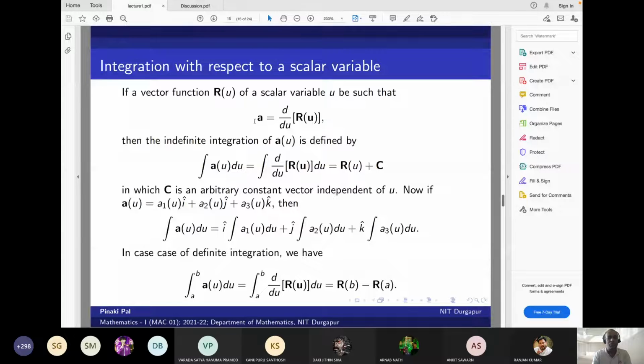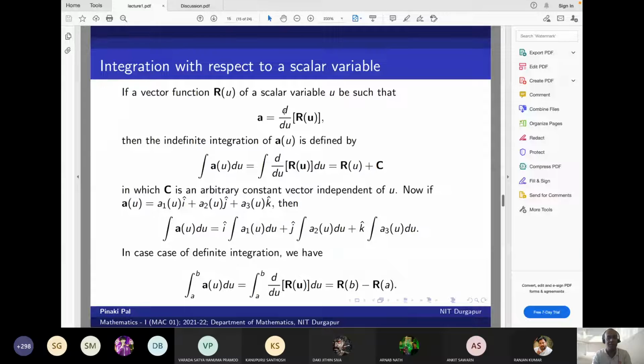And let us also suppose the vector A is the differentiation or derivative of the vector function R(u). So A is equal to, A is a vector, A is equal to d/du of R(u), and you know how to find this d/du by now. So we have to perform the differentiation component wise.